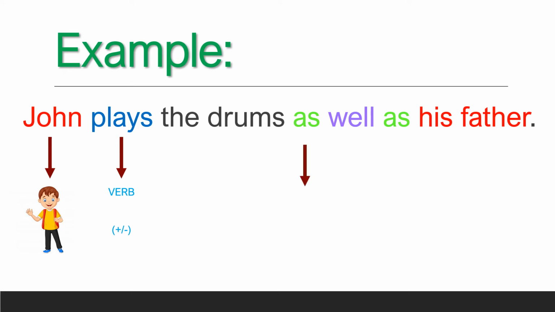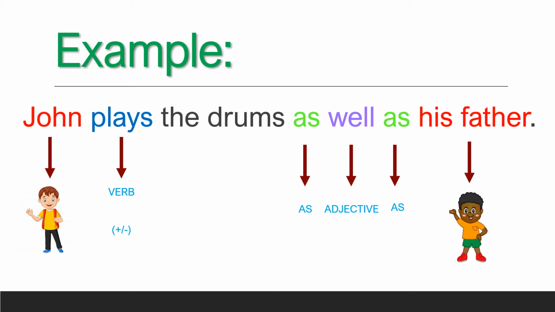And then we have to add "as", then the adjective, which is "well", meaning good, then "as" again, and finally the subject or the object that we are comparing to the first one.